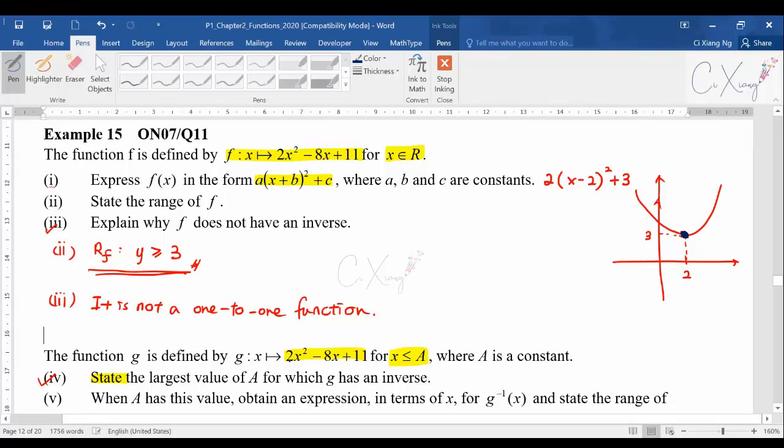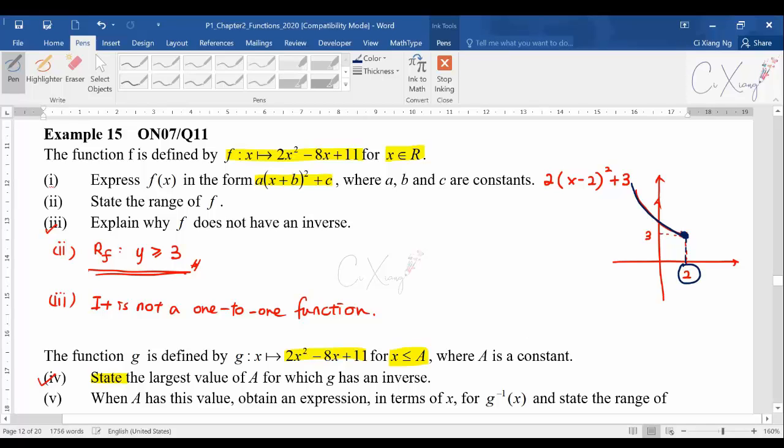So you can imagine that if x is smaller than or equal to a, that means they want you to consider the left-hand side of the curve. So your graph finally will look something like this. So what's the value of a that you should consider here?